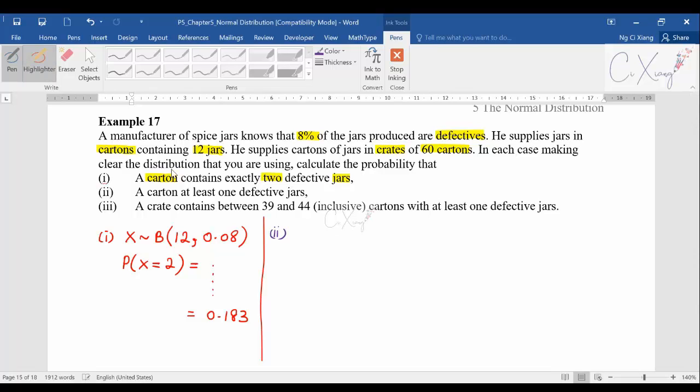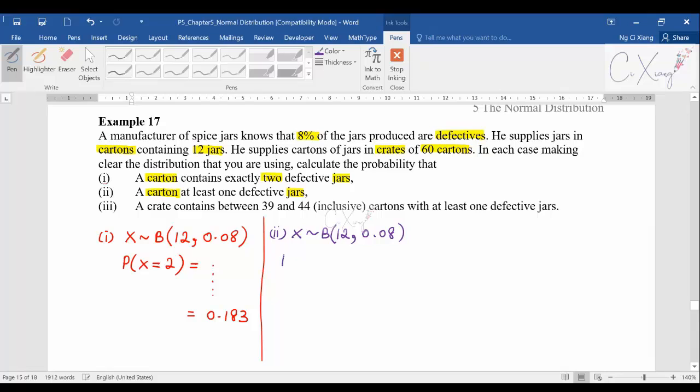Okay, so again, 1 carton contains at least 1 defective jar. We are still talking about the number of jars. Out of the 12 jars, there's at least 1 jar where something happened. So still binomial distribution. The total number of jars is 12, and the defective probability is 0.08.